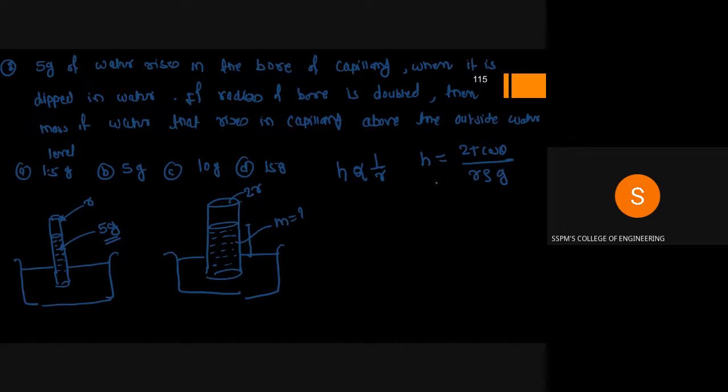We have to use this relation, and we know density is equal to mass upon volume, so mass is equal to density times volume. Now the volume of the tube, you can consider this cross section area into height h, so this is pi r square into h.